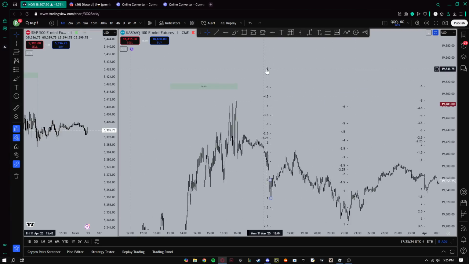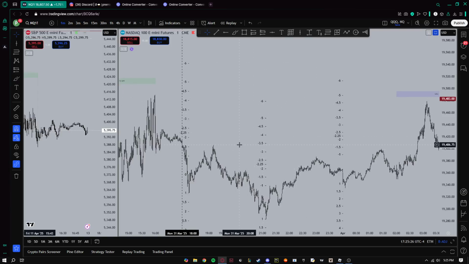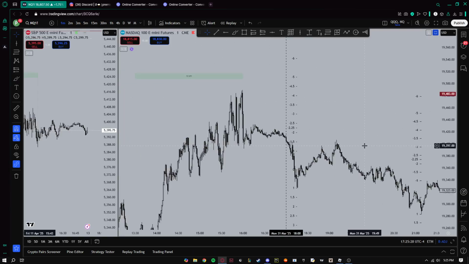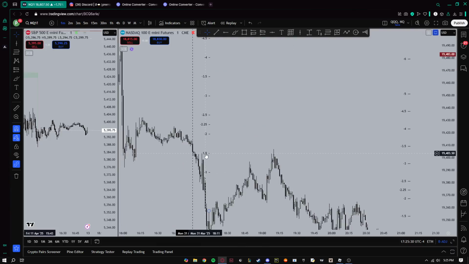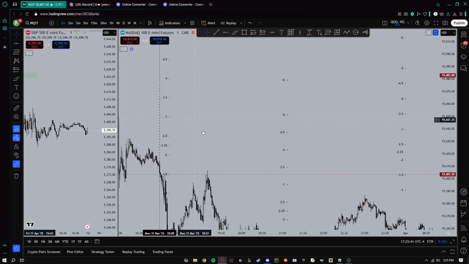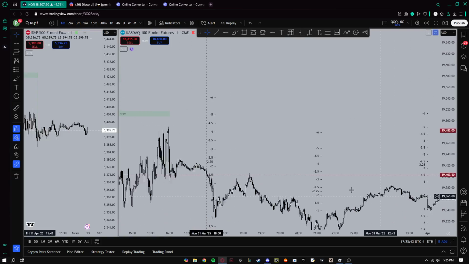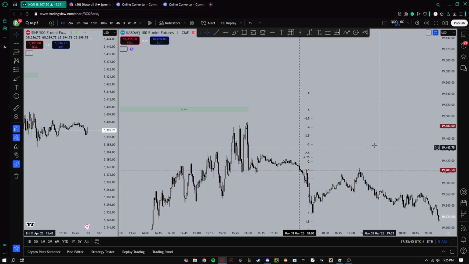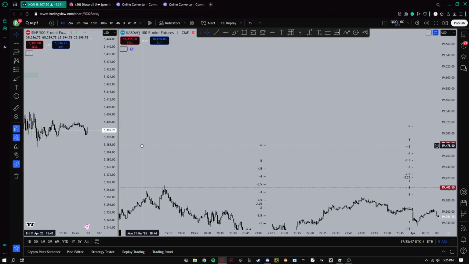Essentially, each of these holds a value if they do show a reaction. So this one, negative 1.5, we saw a reaction off of that right there. So we can expect some of these to also react. It also depends on if you align confluences with it.